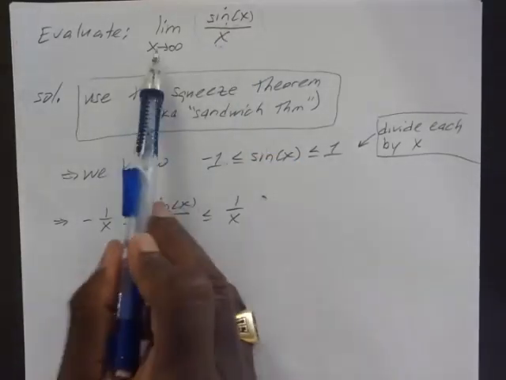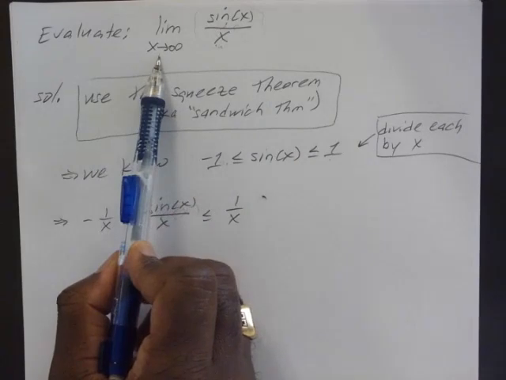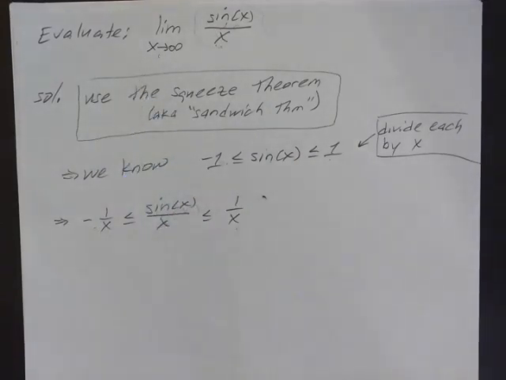So now we just have to find the limit as x approaches infinity for each one of those sections.